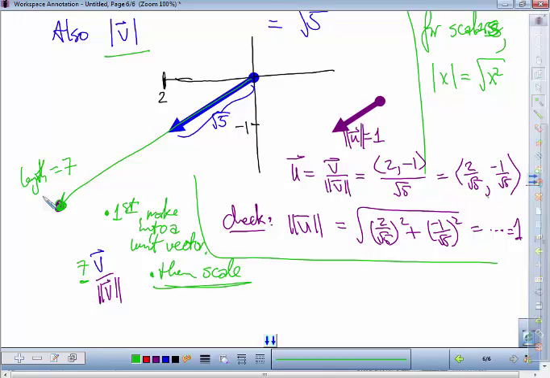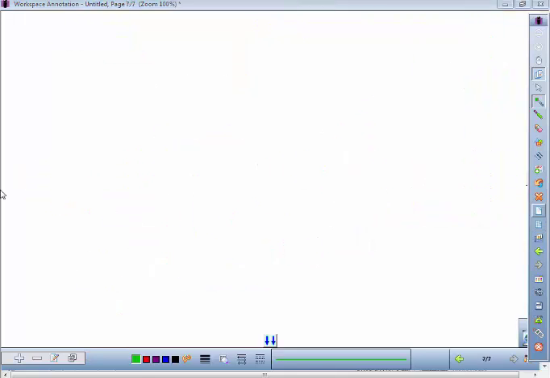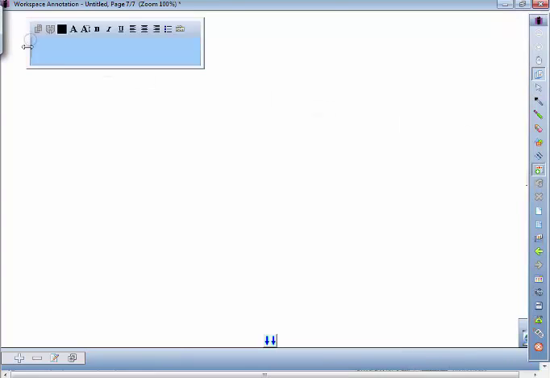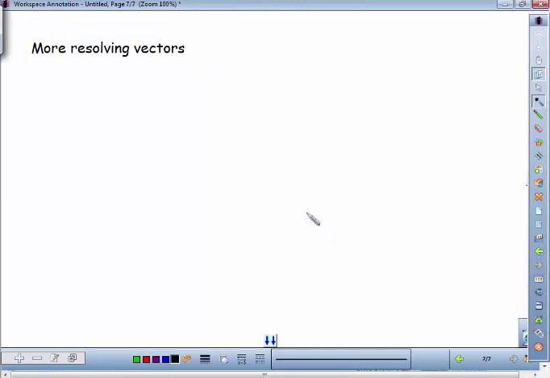All right, let's do one more physics-like thing. Let's do more with the idea of resolving vectors.